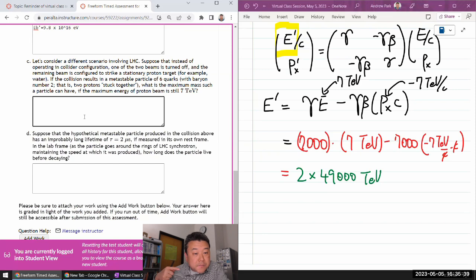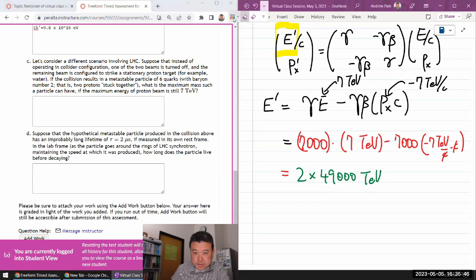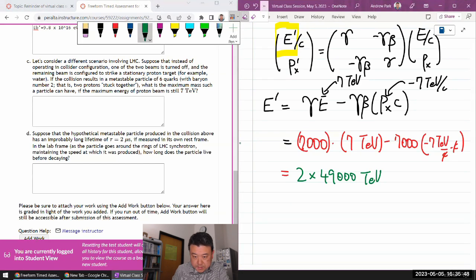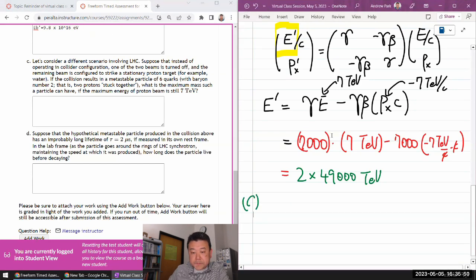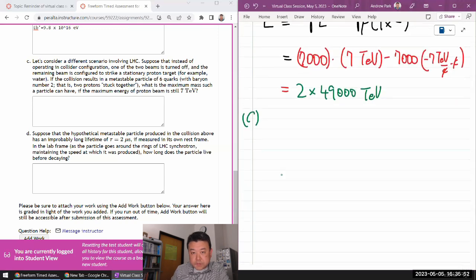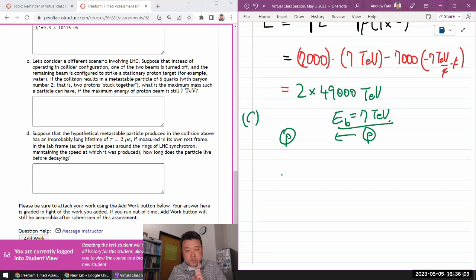What is the maximum? Okay, so for part C, this is the setup. One particle is at rest, and I know the beam energy of the other incoming particle. That's still 7 TeV. Let me give you a shortcut.